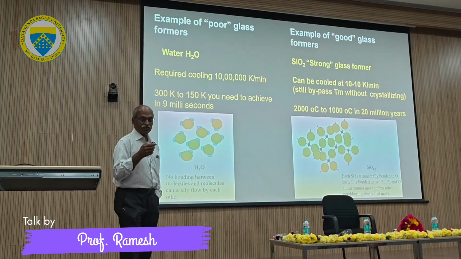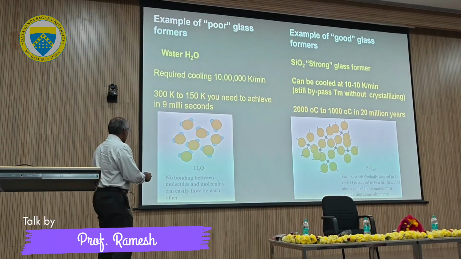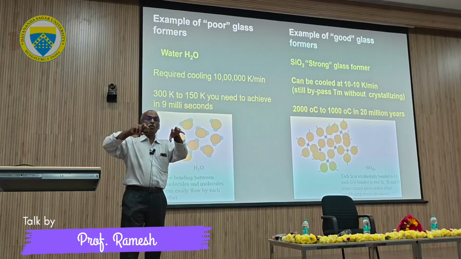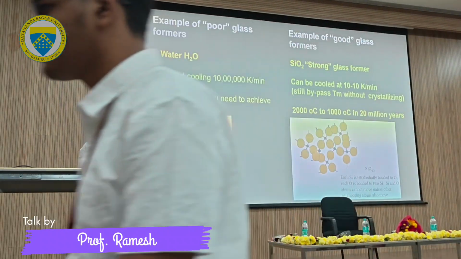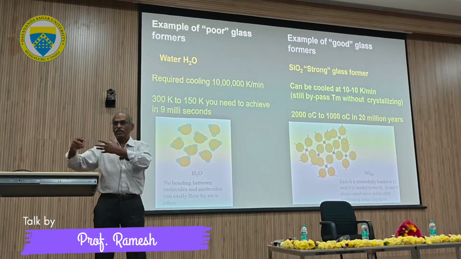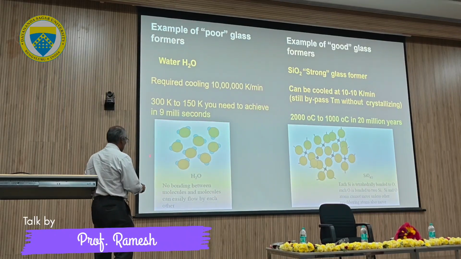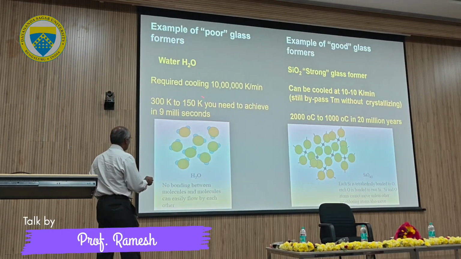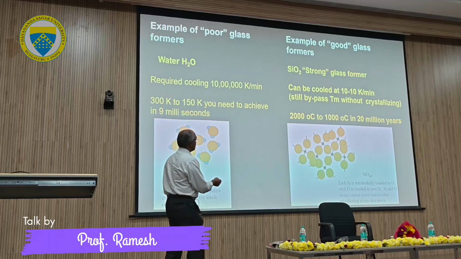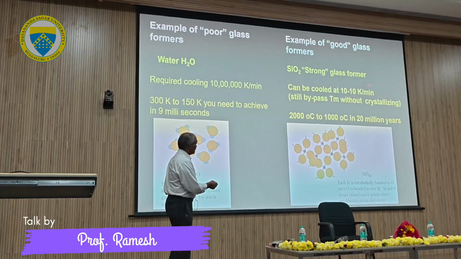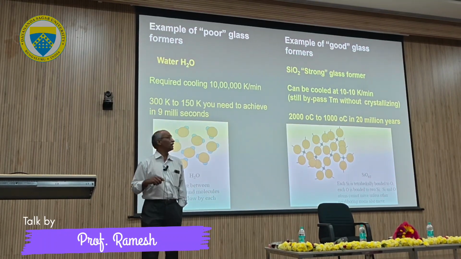You have to cool that fast because the water molecules, H2O molecules, are all individual molecules. So they can take any configuration, they can sit in any place. So it is very difficult to crystallize actually, so you need a high cooling rate. Whereas SiO2 is a strong glass former. You can cool at 10 raised to minus 10 Kelvin per minute.